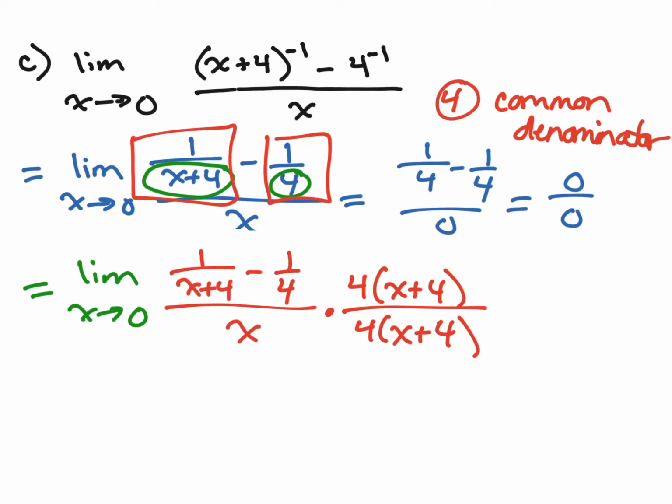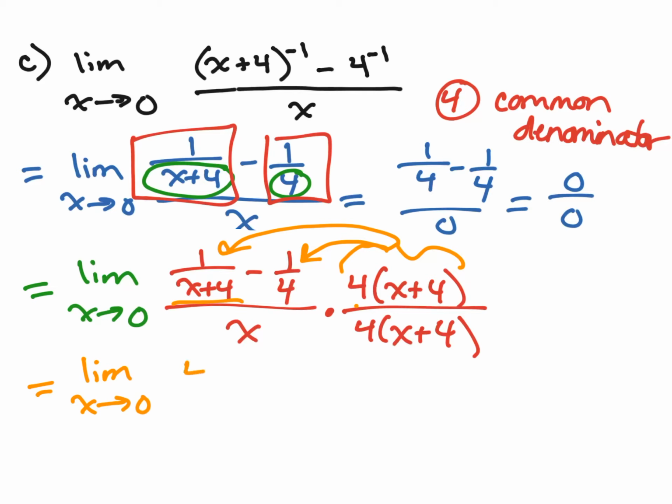So what happens now is I have to take this whole thing here and distribute it to both of these fractions. When I multiply it by the first fraction, I get 1 over x plus 4 times 4 times x plus 4. Those x plus 4s cancel, correct? So I keep my limit notation, because I haven't done direct substitution yet.